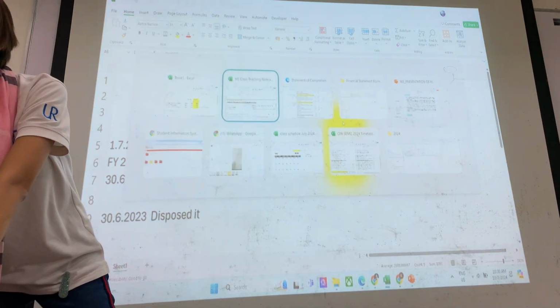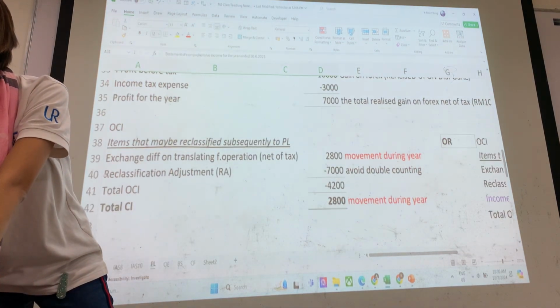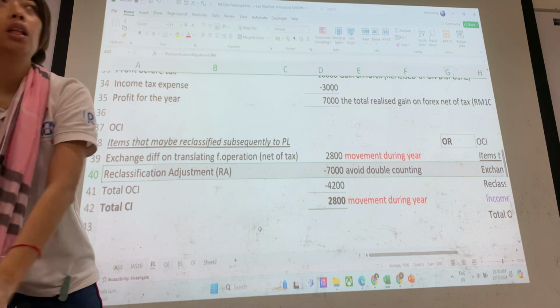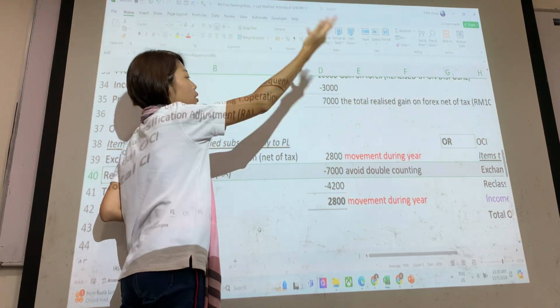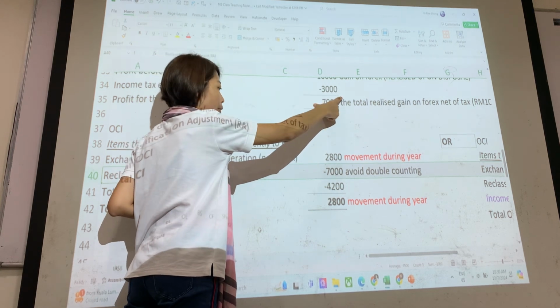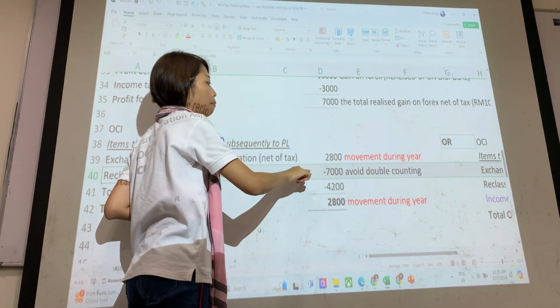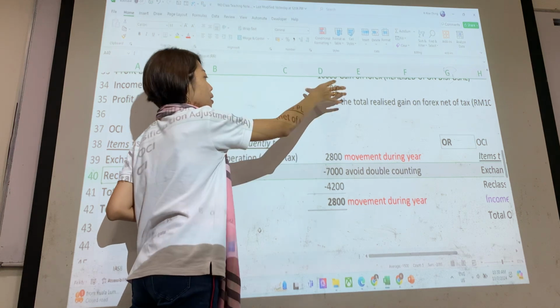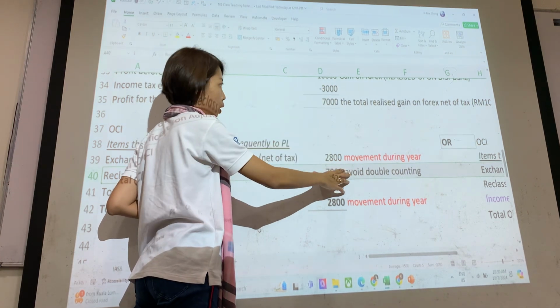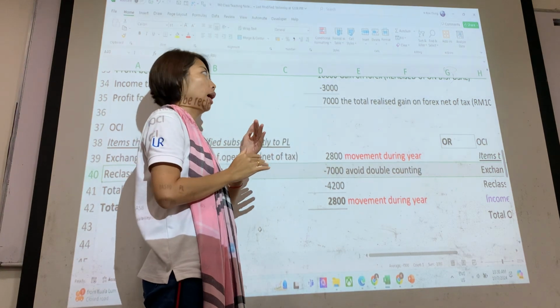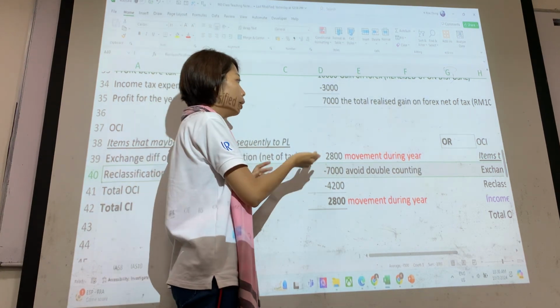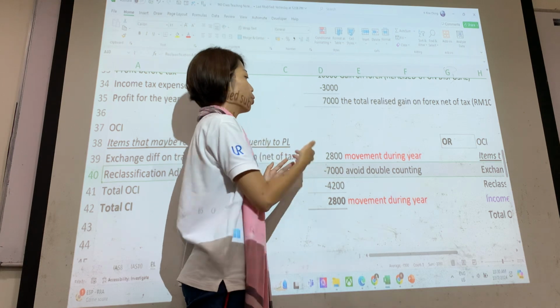We have to write one more line item called reclassification adjustment. If you throw the total gain on top and you increase your net profit for the year by 7,000, you have to decrease it back by minusing it out. So if this is a loss, this is a positive. If this is a positive, this is a negative, because you want to set it off to zero. So the main function is to avoid double counting.